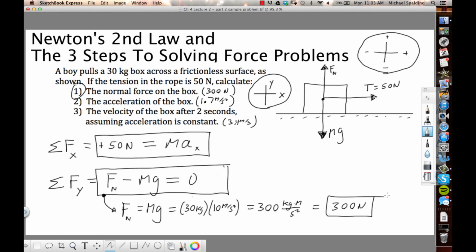Notice, guys, I didn't make gravity negative. Why did I not put in a negative 10? Because right here, see this negative? I already called mg negative, because it points down.